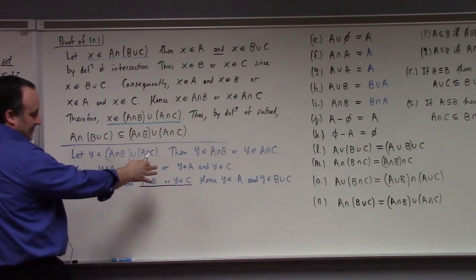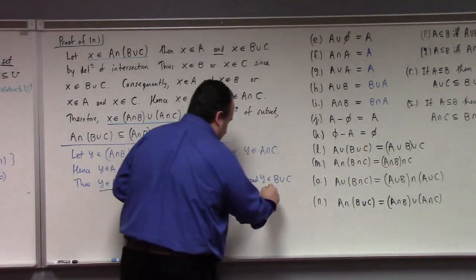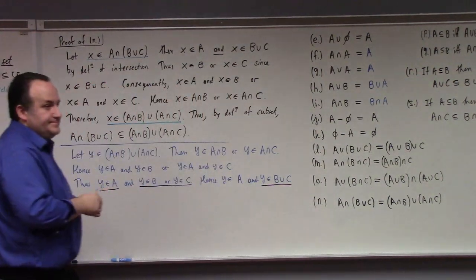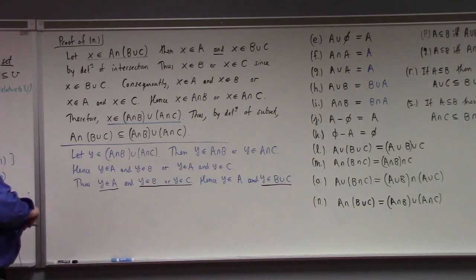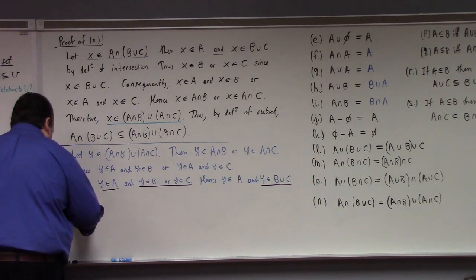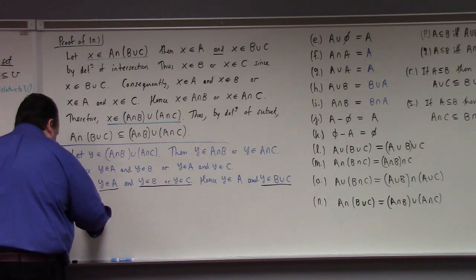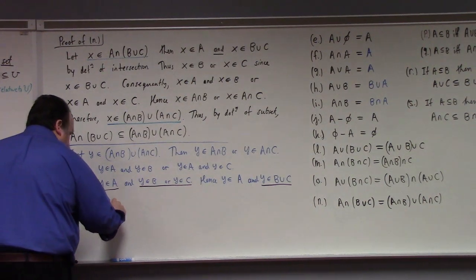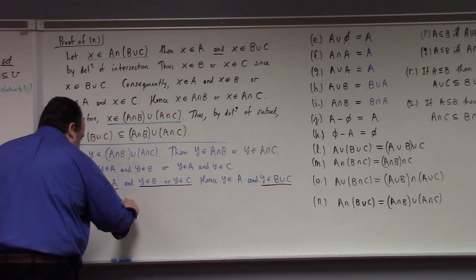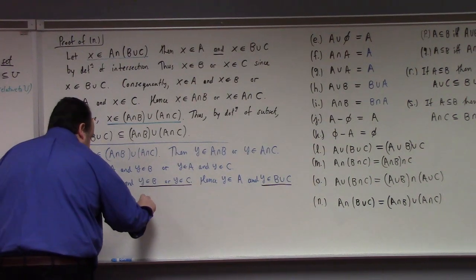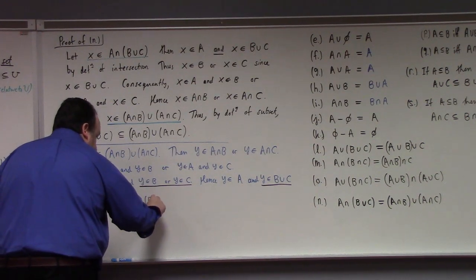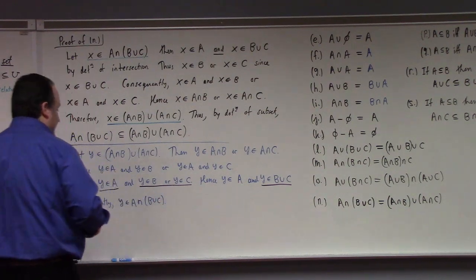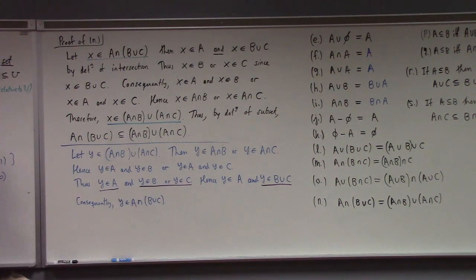So Y is an element of A and Y is an element of B union C. So, consequently, Y is an element of A intersect, parentheses, B union C. But hey, that's what we were trying to show, right? Our goal was to show that Y was there.